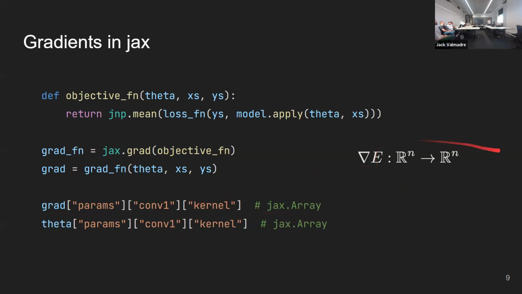And this looks much more like the mathematics, where the gradient is a function that maps Rn to Rn. So it's more mathematically sane. I'd say this is more familiar to mathematicians, and PyTorch is probably more familiar to people who've just come out of undergrad, knowing imperative programming inside out.